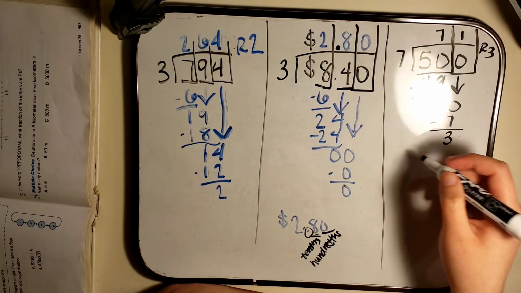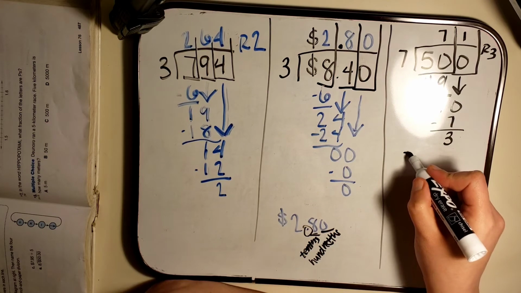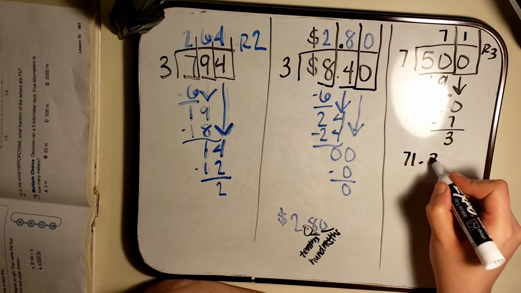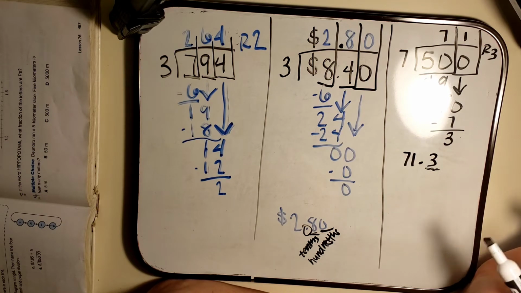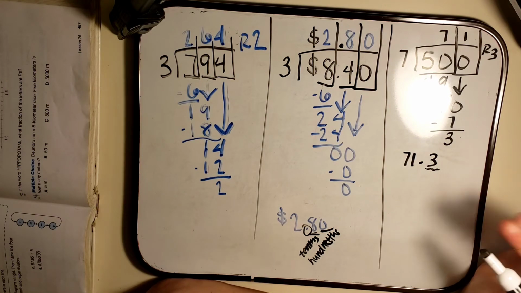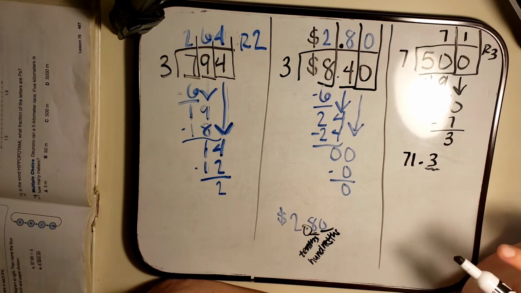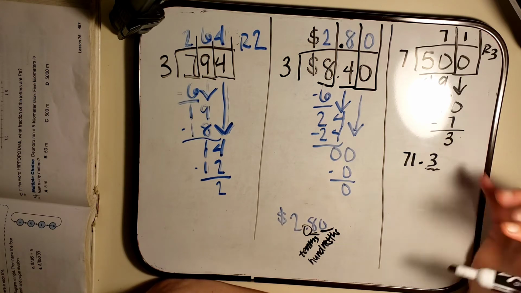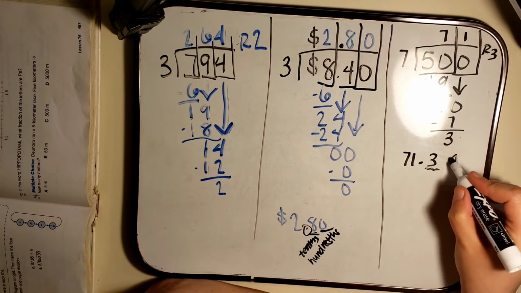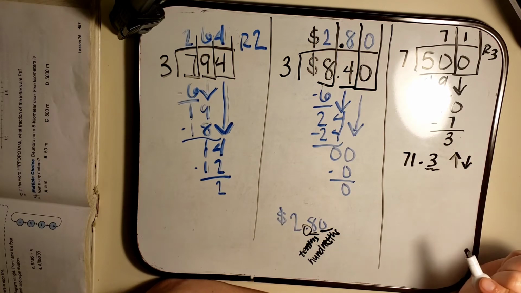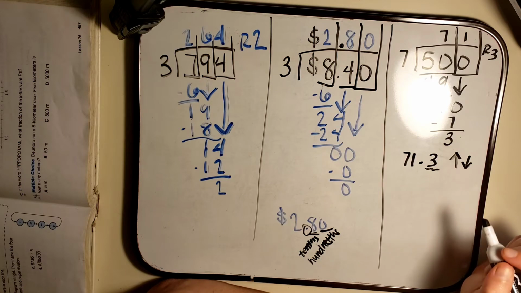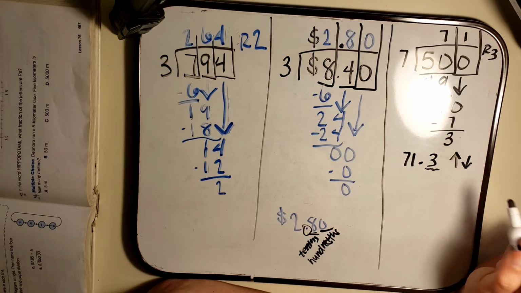So it would be like 71.3, sort of. So this 3 is what we're looking at because it says about how many and what is a reasonable estimate. An estimate tells us it's not going to be the exact. So this 3, does it make it go up because it's closer to 10, or does it make it go down because it's closer to 0?